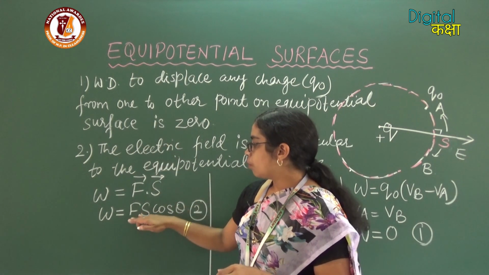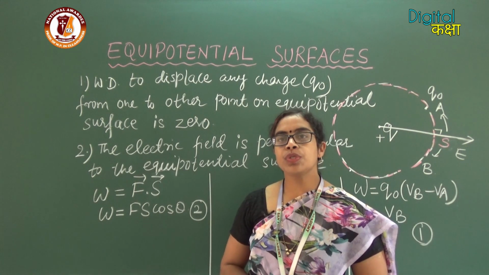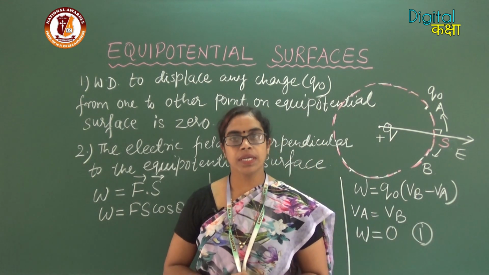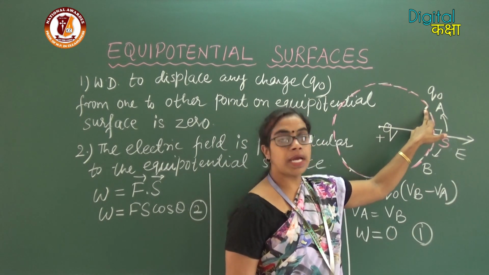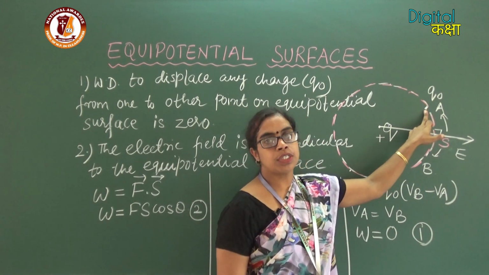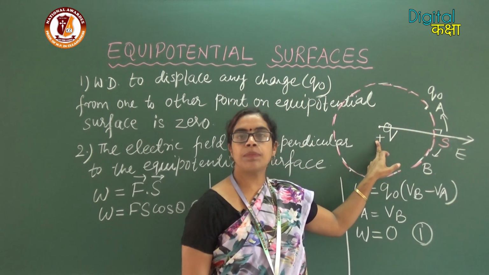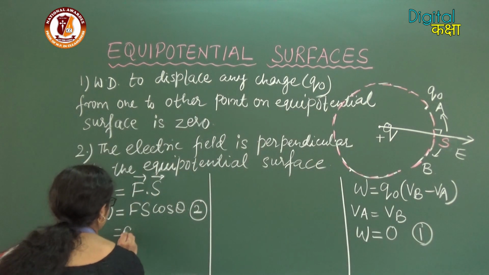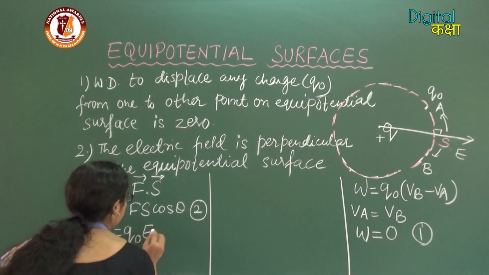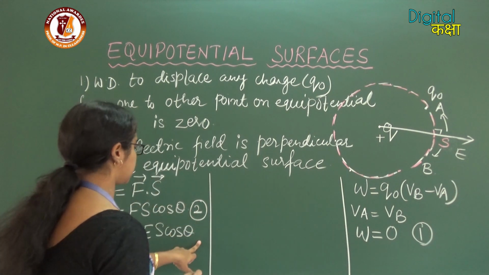But right now we will be proving it, but before that we need to substitute the value of F here. So F is the force experienced by this Q naught charge in the electric field region of this plus Q. So this F can be written as Q naught E, and cos theta is written as it is.